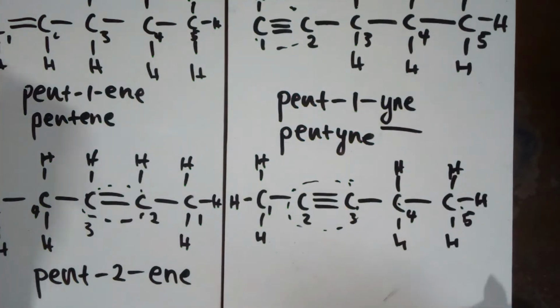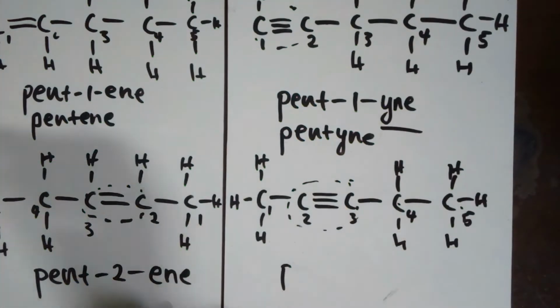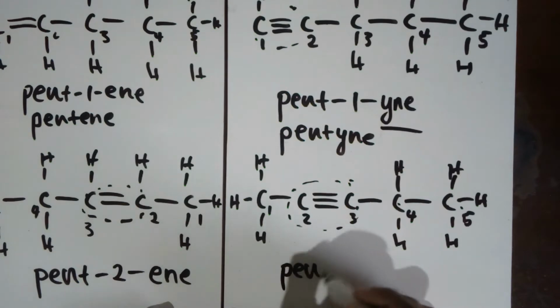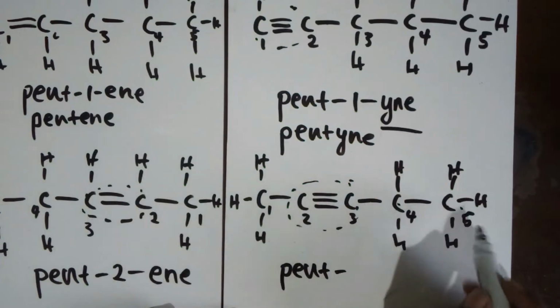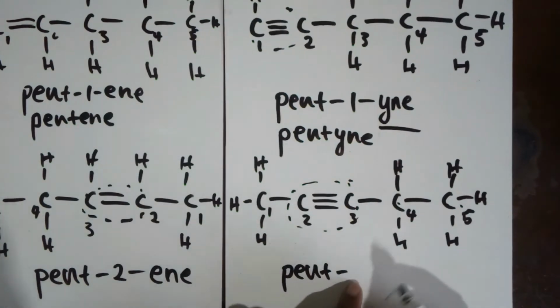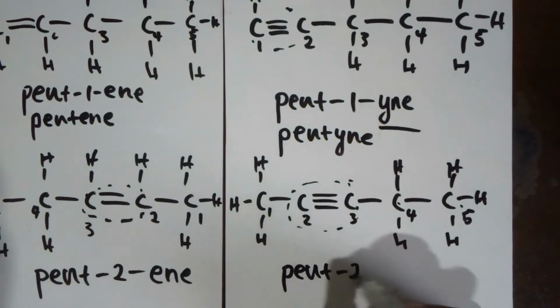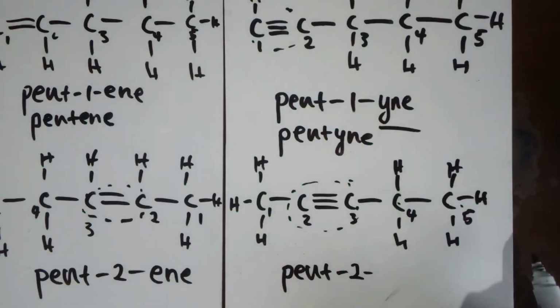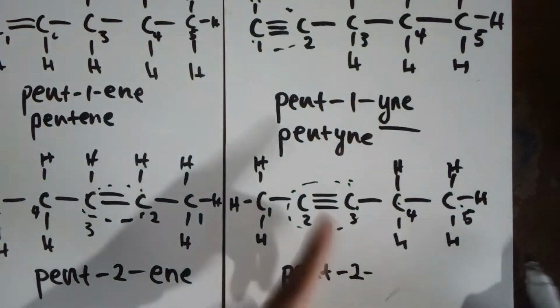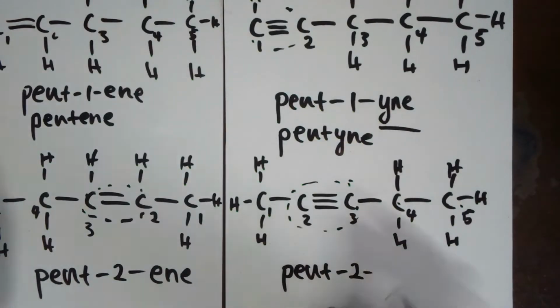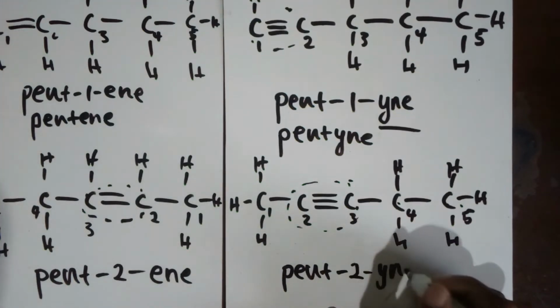And then how do we write it? Our prefix is going to be pent because there are 5 carbon atoms. We write a dash because we're going to write a number, and our triple bond is at carbon number 2. So we write 2, and then finally our functional group is an alkyne, so the suffix has to be "-yne", right?